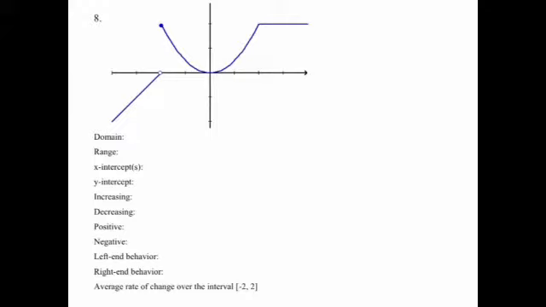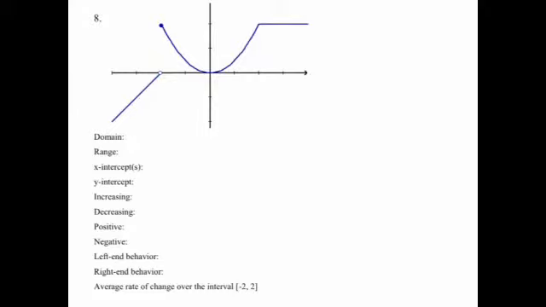And then finally 8, which is all sorts of fun, because it's got this chunk here that's a little bit separated. Remember that the open circle means that point is not included, but you get really, really close to it on the left side. The filled in circle means that is included. So as soon as you hit negative 2, you're going to have a positive value of 2 instead of just 0.